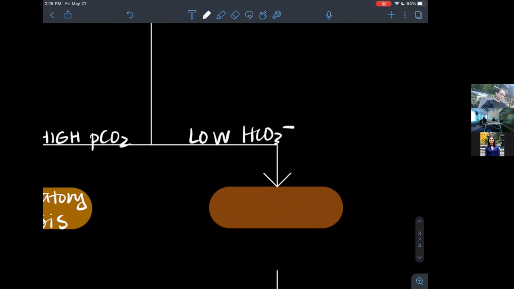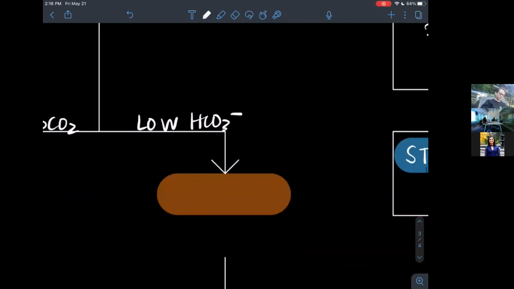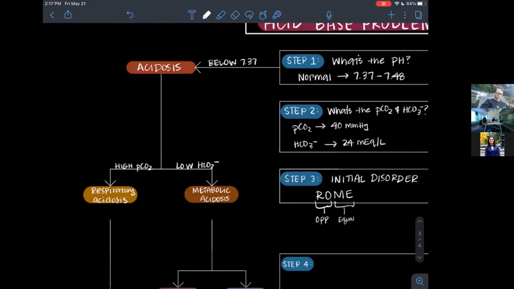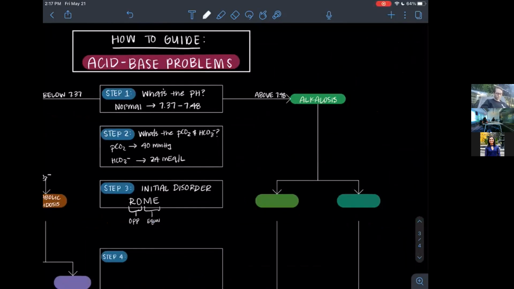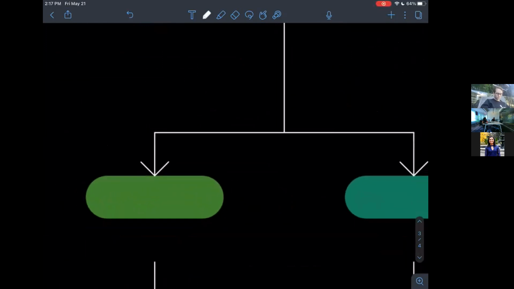That is low, low, metabolic equal, a metabolic acidosis. Let's go to the alkalosis side. You have a high pH, let's say high pH, low CO2.